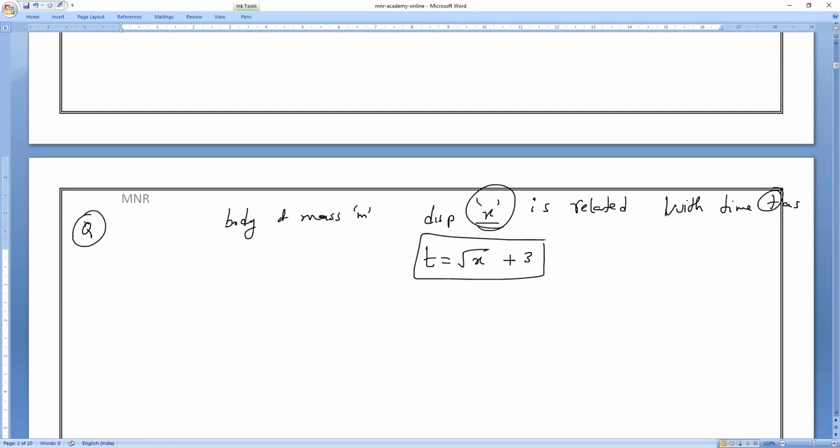Understand, Pradosh? What is the function? T is equal to root over x plus 3. Okay, now the question is find the work done.